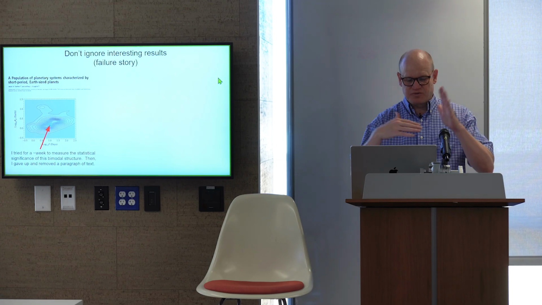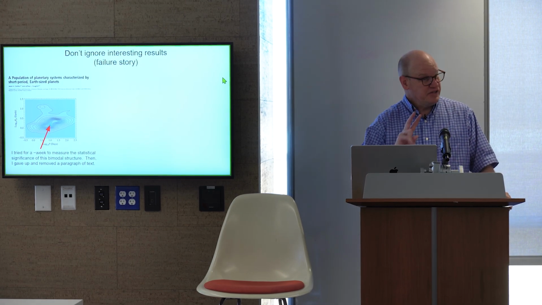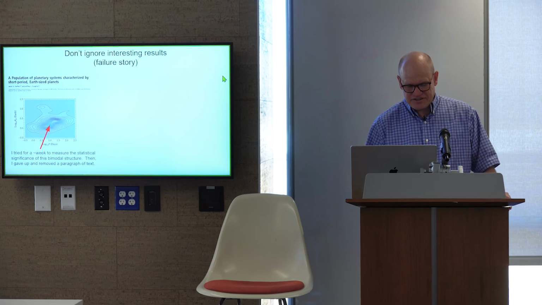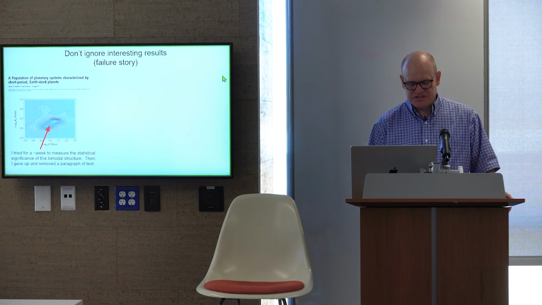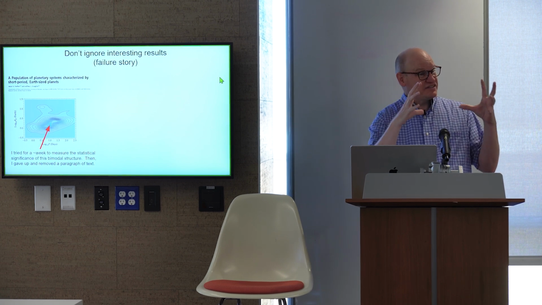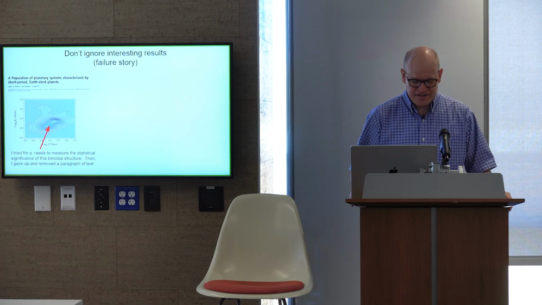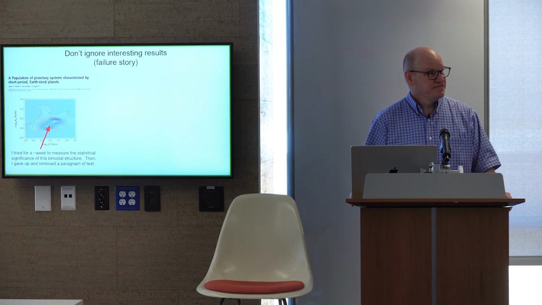The important thing is not so much what the axes represent, but rather the fact that this blob has 2 peaks. Okay, I tried for about a week to measure the statistical significance of those 2 peaks, and I had written sentences in the text that I was submitting to the journal, and then I took it out.